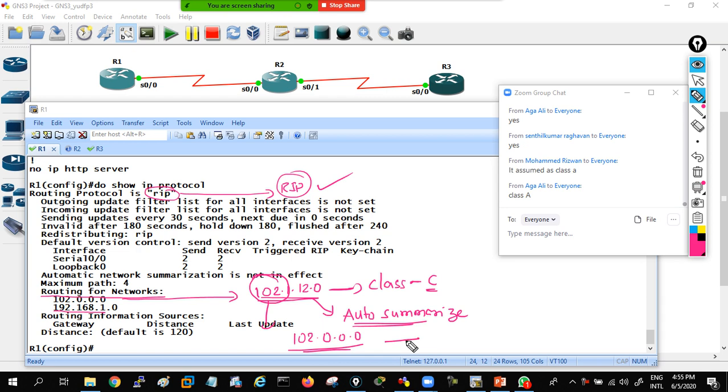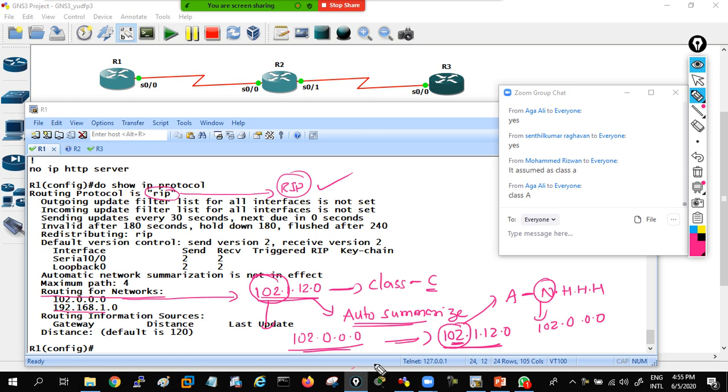That's why it's saying that the network is 102.0.0.0, even if you type 102.1.12.0, because it will see the first octet and make it a class A. In class A, the first portion is the network and the remaining three portions are the host. That's why, even if you type it like this, it will consider it as 102.0.0.0. Do you understand, guys?